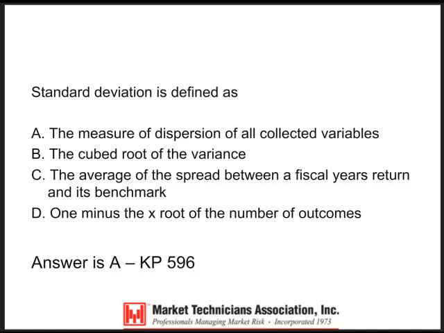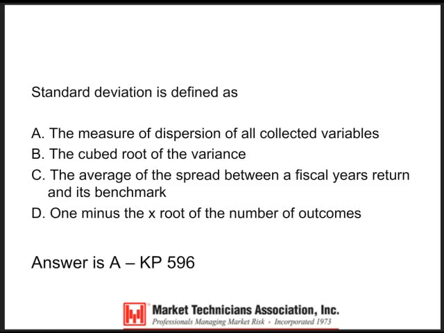Yeah, again, need to know your statistics for this one. Standard deviation is defined as the measure of dispersion of all collected variables. Now, it's not the cubed root of variance, it is the square root of variance, so B is not correct.